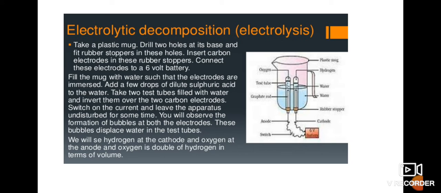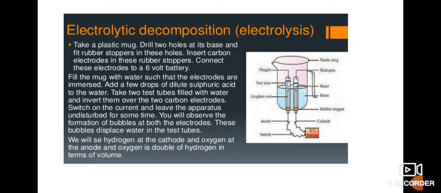We will take a plastic mug and drill 2 holes at its base and fit rubber stoppers in these holes. Now, we will insert carbon electrodes in these rubber stoppers and connect them to a battery source. Now we will fill the mug with water and add a few drops of dilute sulfuric acid so that the water can be a better conductor of electricity.